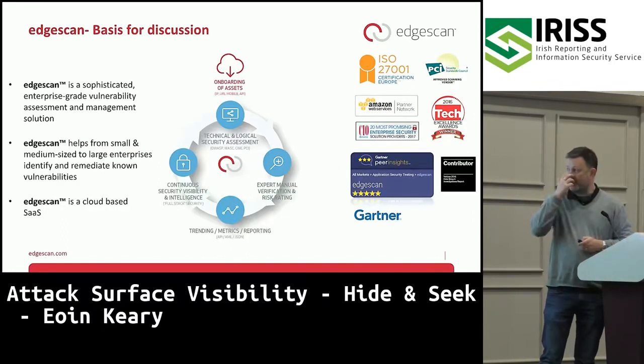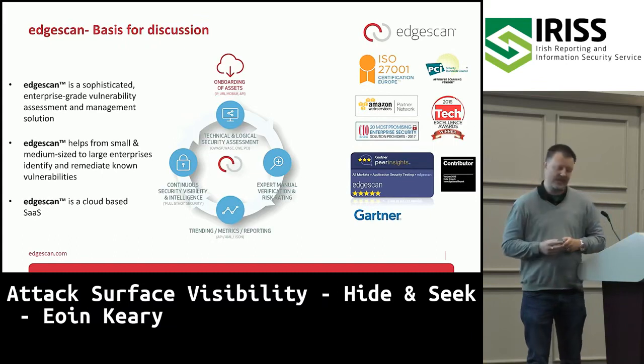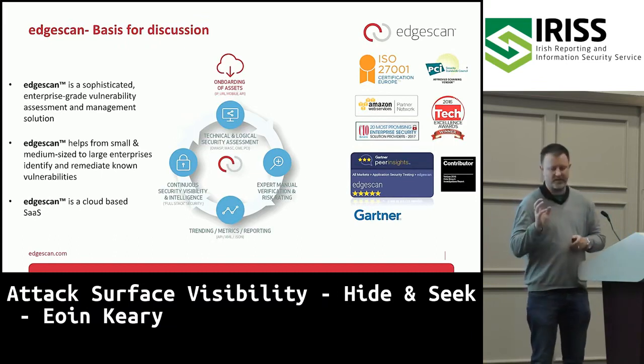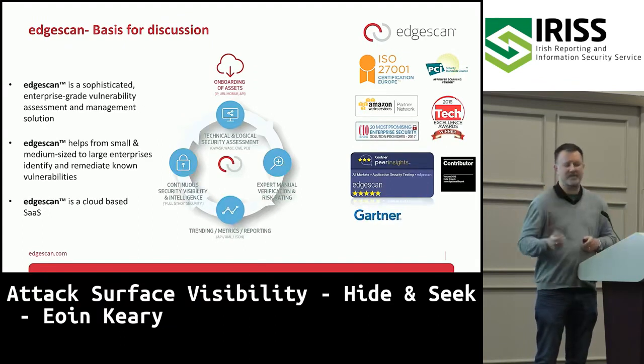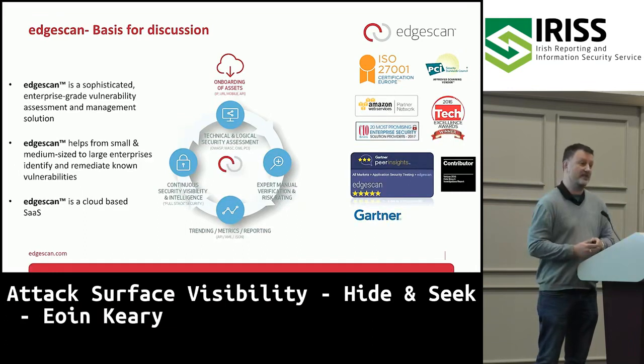The reason I'm talking about this is that what we do at EdgeScan is provide continuous testing, continuous vulnerability management, and continuous asset profiling for our clients. We process probably thousands of vulnerabilities every month for our clients.